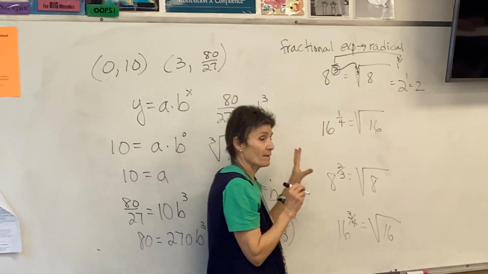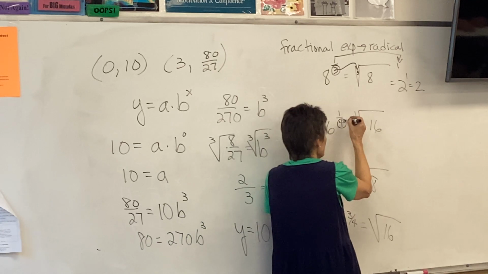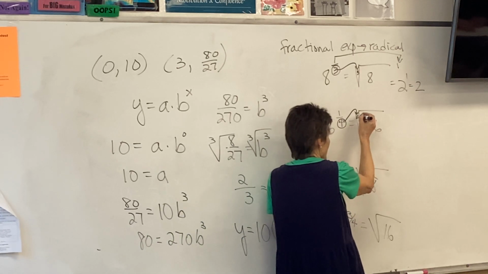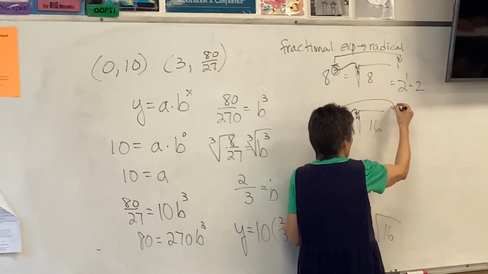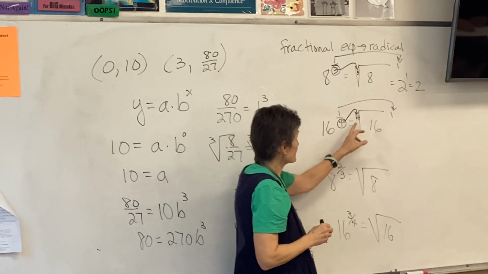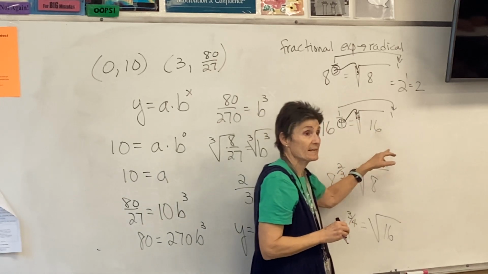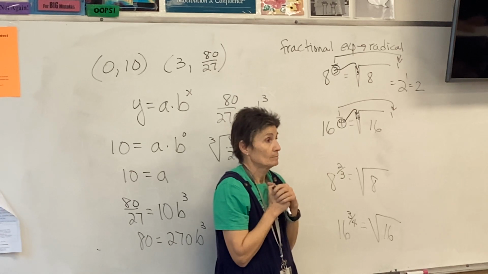All right, so what about the next one? What am I going to do? The denominator tells you the root that you're taking. The numerator tells you the power that you're going to raise it to. So this is the 4th root of 16, which is 2.